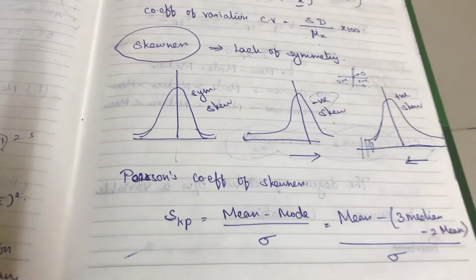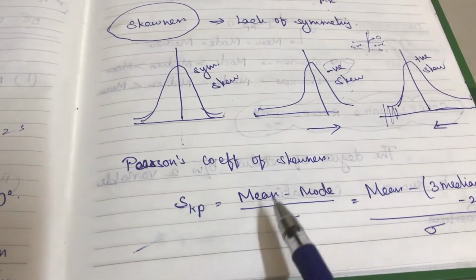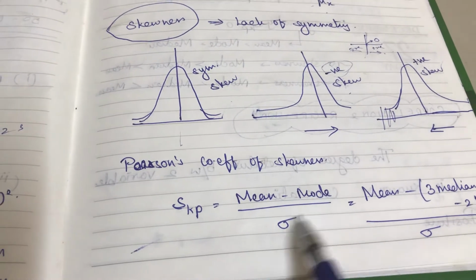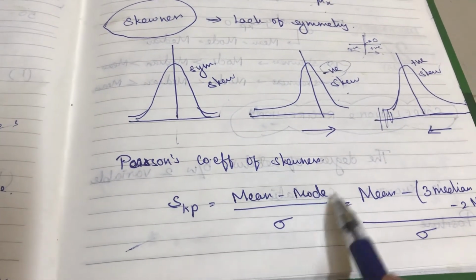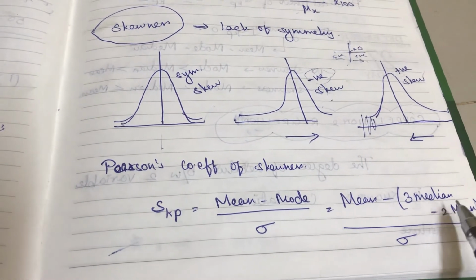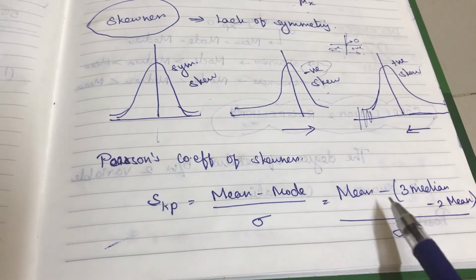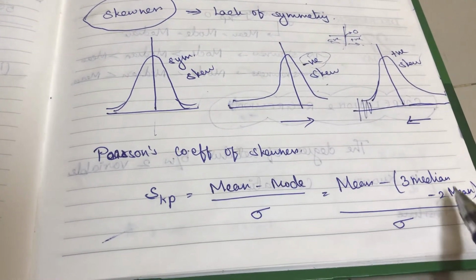Next, Pearson coefficient of skewness, which is nothing but mean minus mode by sigma. We know mode is equal to 3 times median minus 2 times mean. So we can easily say these two things, like the minus will go inside, it will become plus.